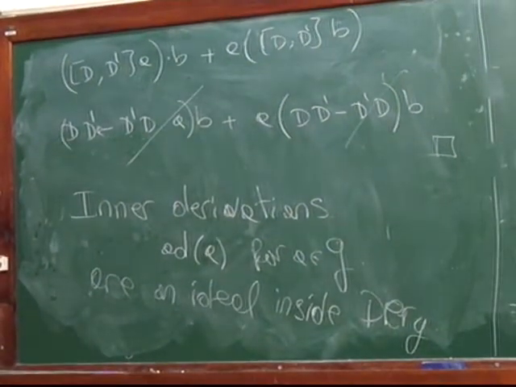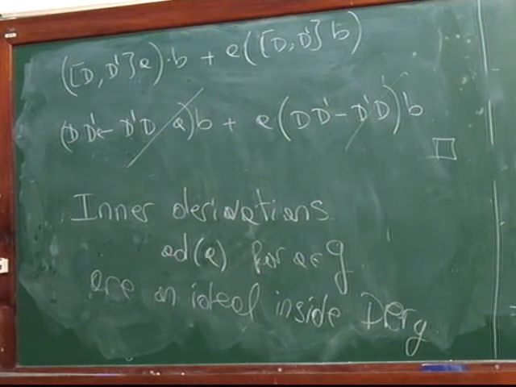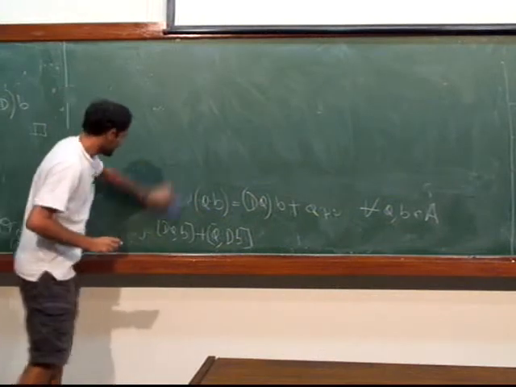Actually, this is not hard to check. It's the same computation we did just here, but it's an ideal in a very precise manner. So this part is not written down in the exercise. But what does it mean to have an ideal?